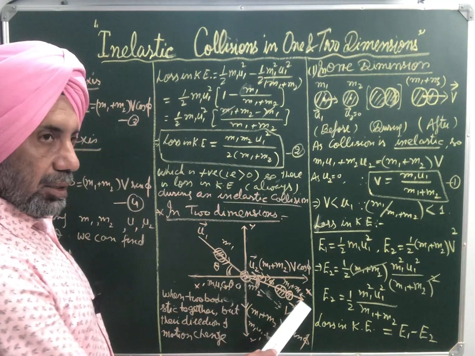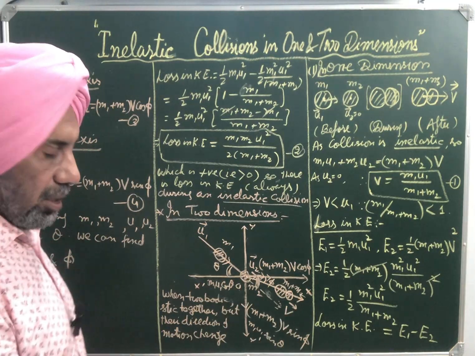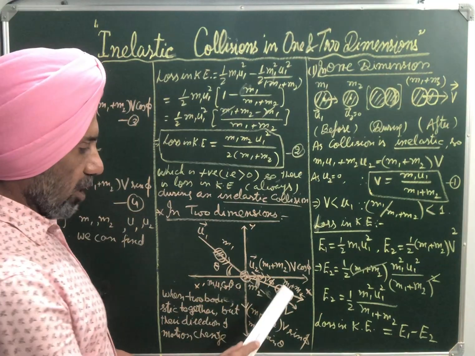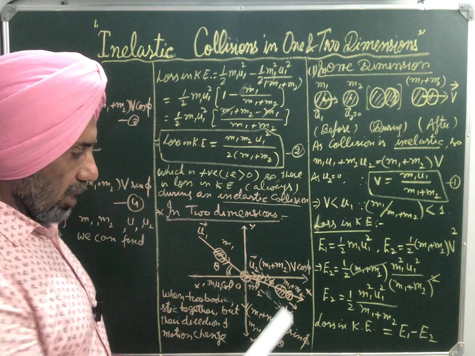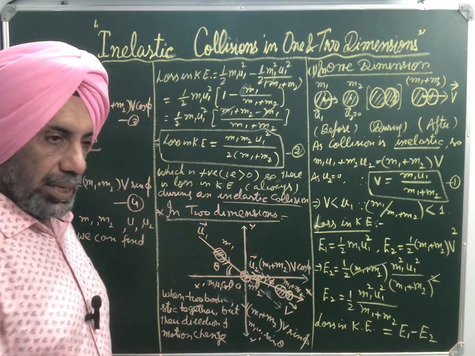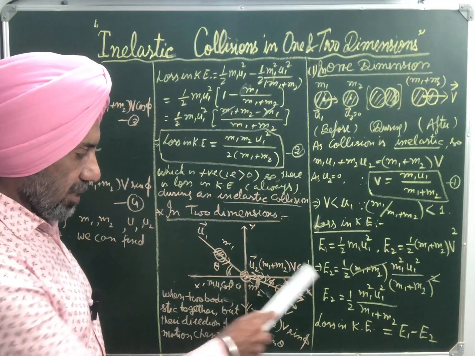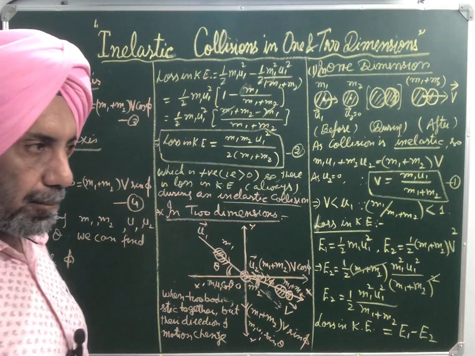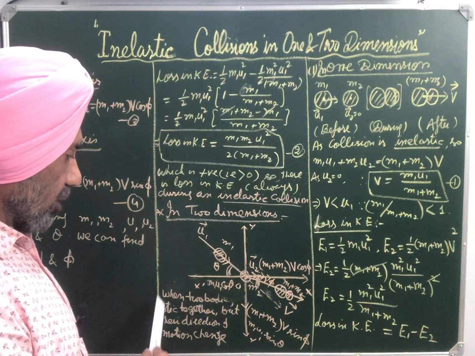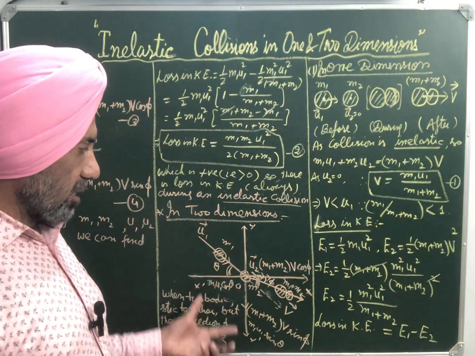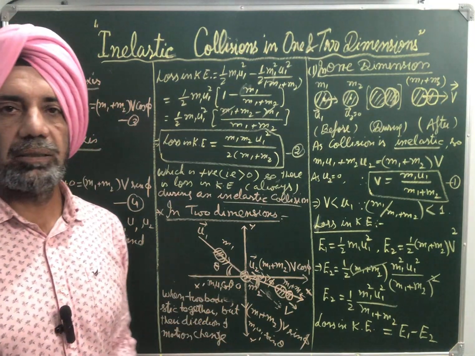Similarly, after collision, the momentum of both bodies moving with velocity v together can be resolved into two components, m1 plus m2 v cos phi along x-axis, and m1 plus m2 v sin phi along y-axis. This is when two bodies stick together, and such a collision is said to be two-dimensional inelastic collision.